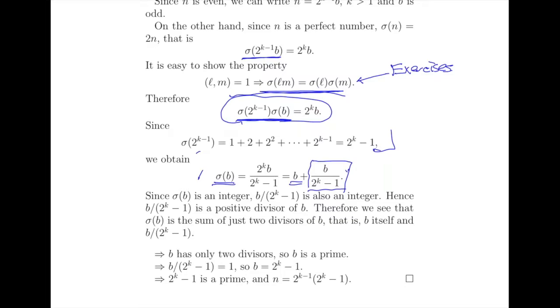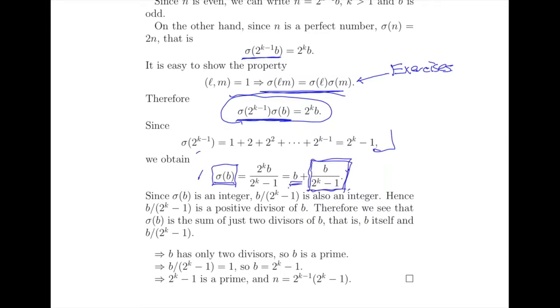This implies that sigma b, which we defined as the sum of all positive divisors of b, has on the right side only two divisors of b.